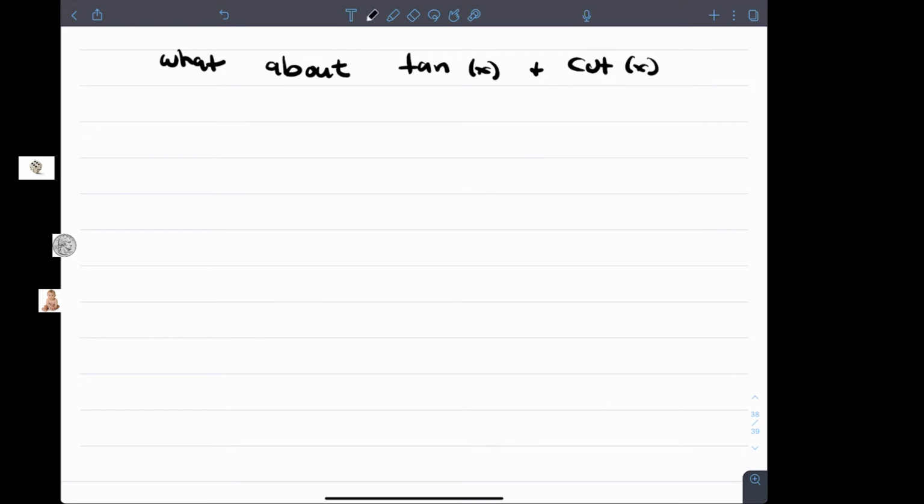Generally speaking, here's what they give you. They'll give you simply y equals tangent. Let me go back. Y equals A tangent kx.